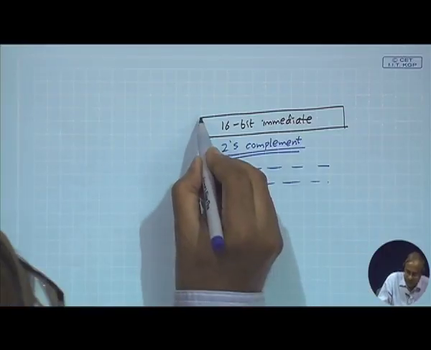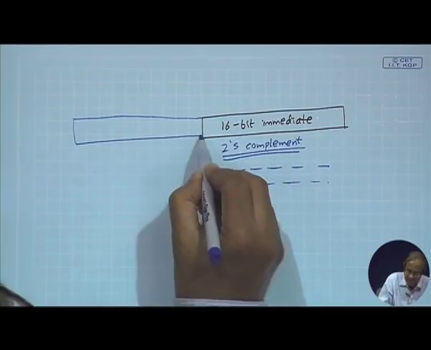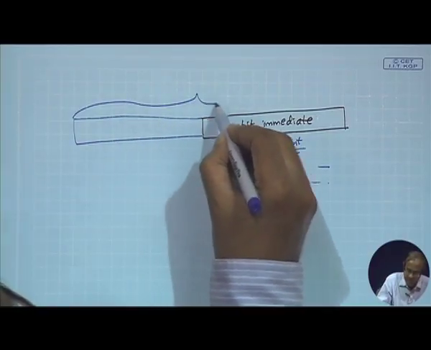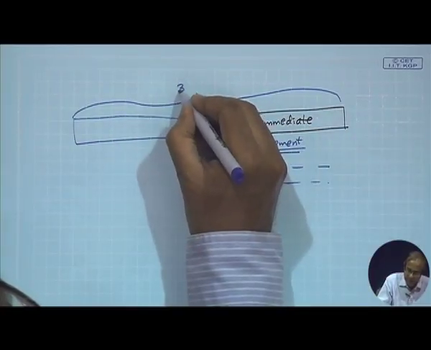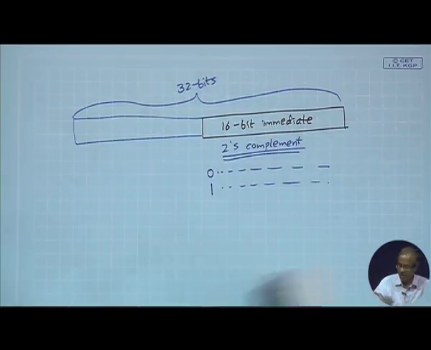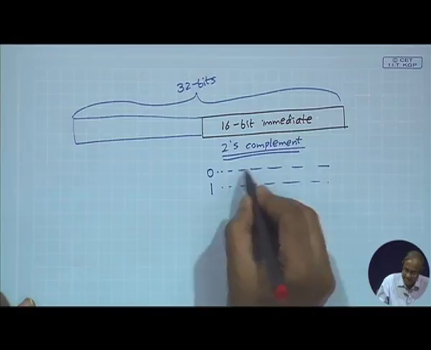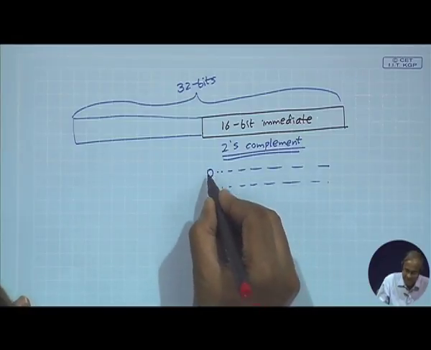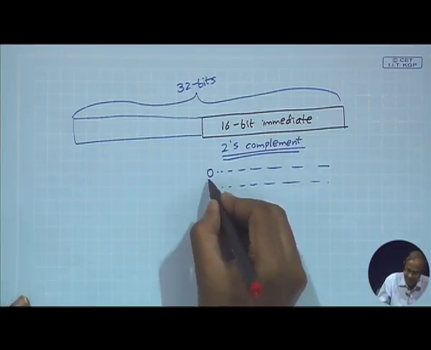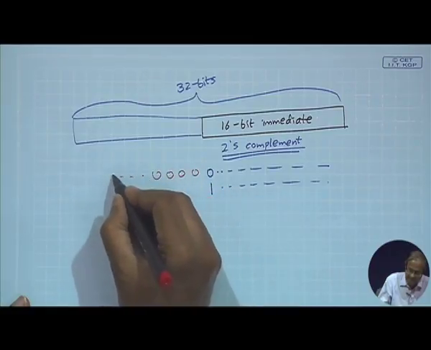Now, sign extension means we want to extend this number to 32 bits. In 2's complement, the rule for sign extension is very easy. Whatever the sign bit is, you replicate that. If the number is positive, just add 16 zeros in the beginning.